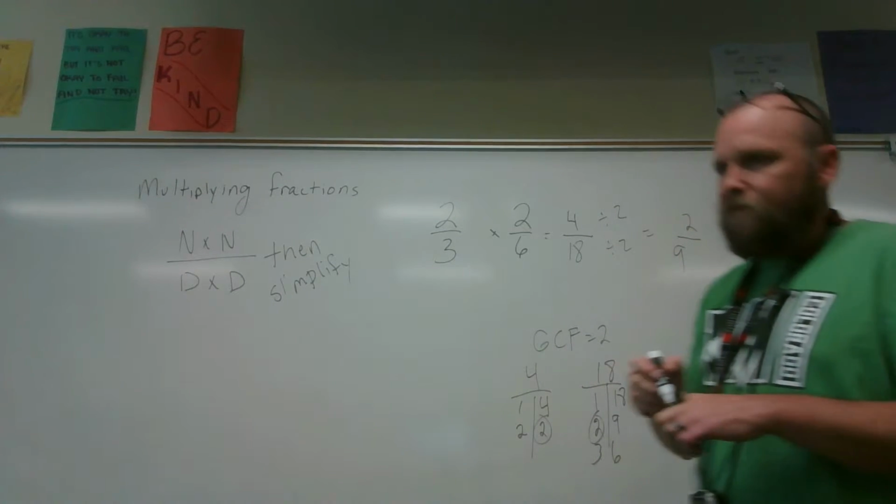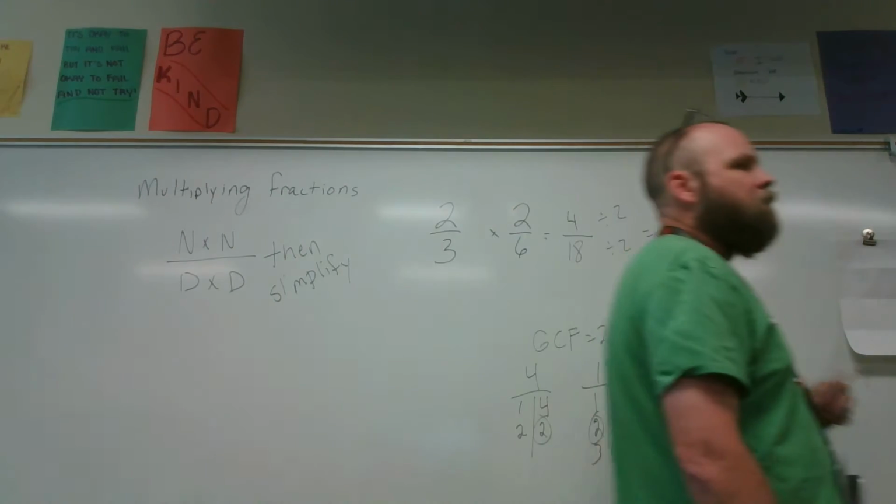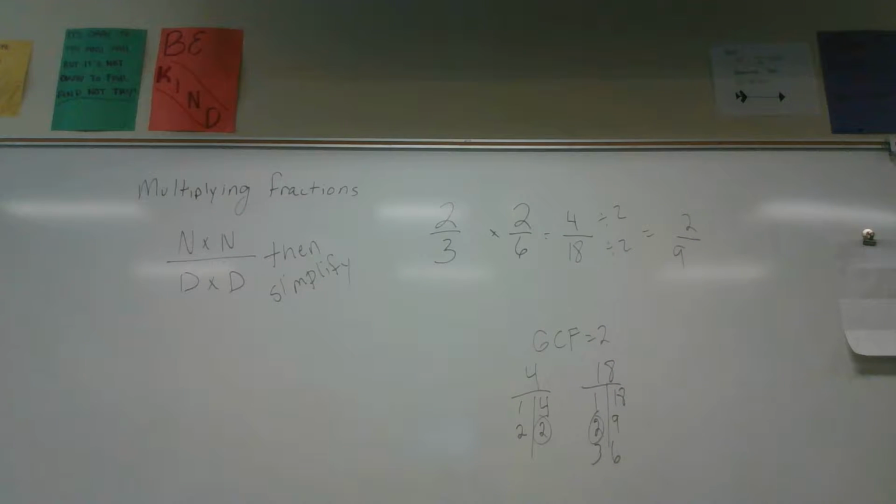So 4/18 is equivalent to 2 9ths. The product of 2/3 and 2/6 is 2 9ths. Fairly easy. Multiply straight across. Simplify if possible. Multiply straight across. Simplify if possible.